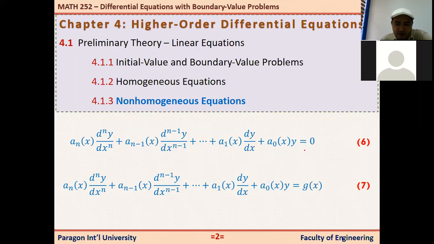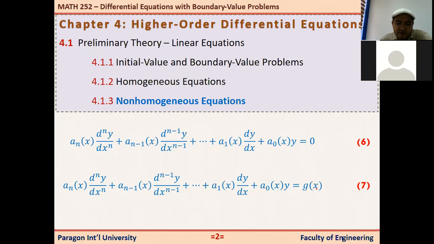The sum of terms, each a function of x multiplied by y or its derivative of any order, is equal to 0. That's a constant. And this equation we call the non-homogeneous equation. Why? Because here we have a function of x, which looks like a constant term.